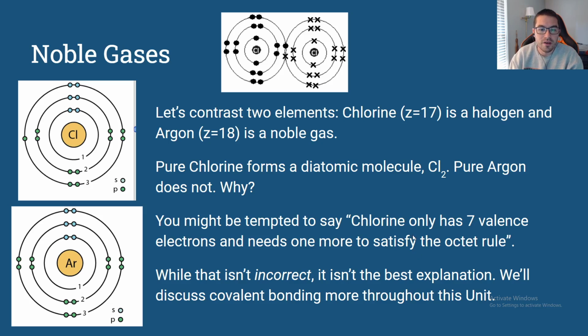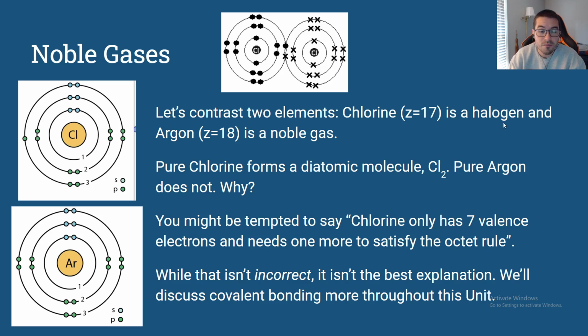Here is another example of that, and I wanted to show you another example other than just the hydrogen, just to get another look at it. I've got these two elements here, chlorine and argon. Recall that chlorine is number 17 on the periodic table, argon is number 18.